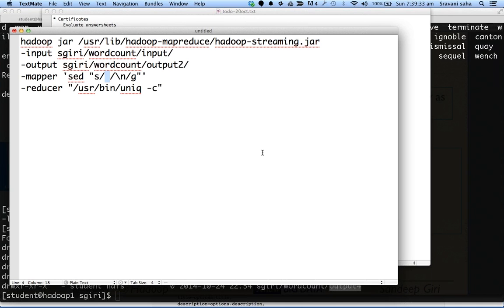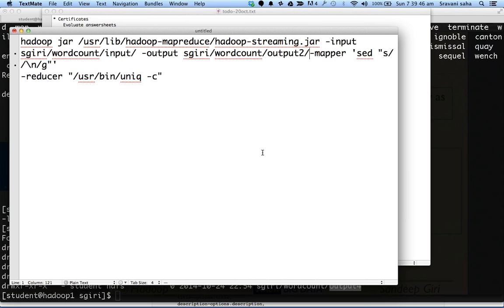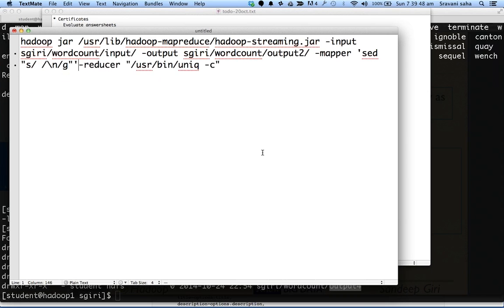So each line will have a single word, which means there is only a key and no value, which is completely acceptable to a streaming job. And there we go. I'm bringing it to a single line.